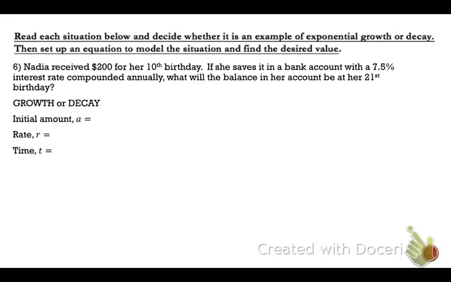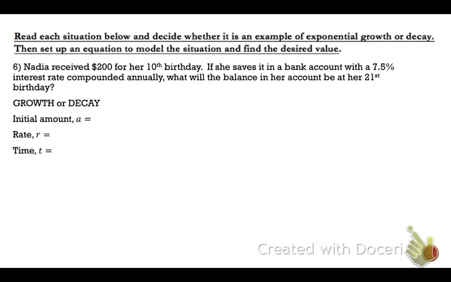Nadia received $200 for her 10th birthday. If she saves it in a bank account with a 7.5% interest rate, compounded annually, what will the balance in her account be at her 21st birthday? Now there's some language in here you might not have heard before, but it's language that will become very common knowledge to you.